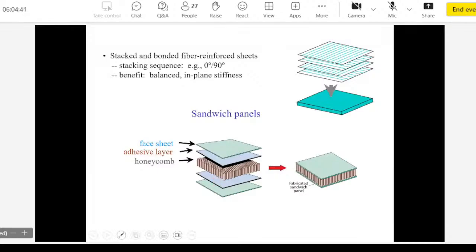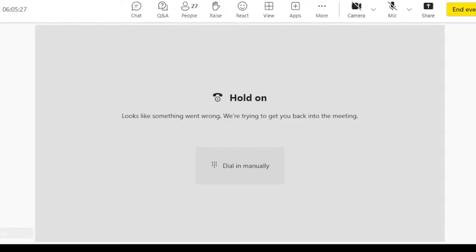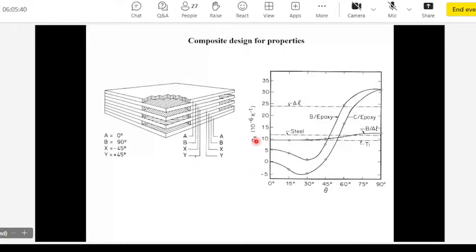Here is an example of how you can design the thermal expansion coefficient of a polymer composite just by changing the orientation of the pre-preg. It can even give you a negative expansion coefficient.